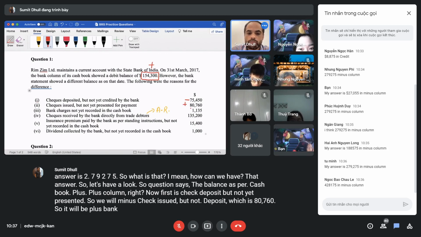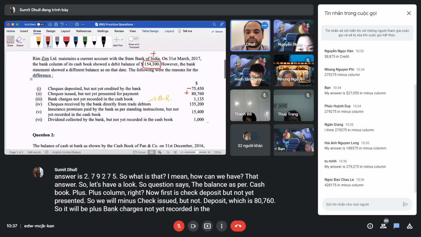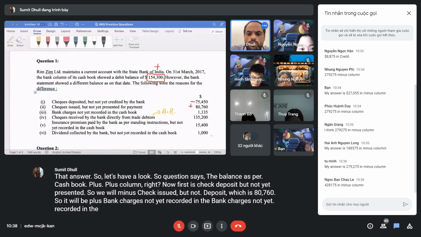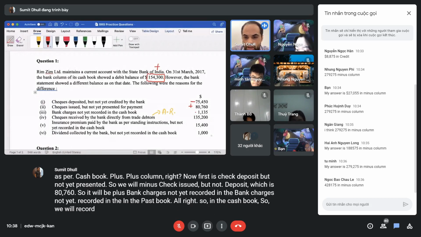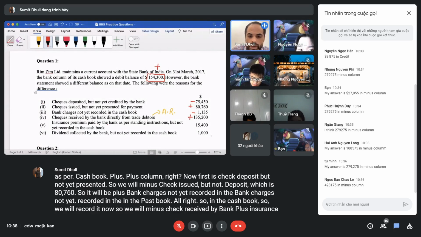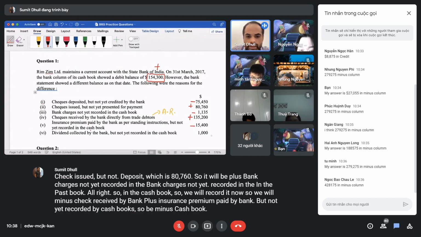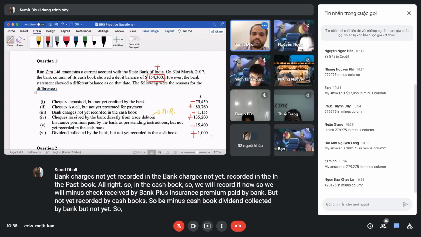Bank charges not yet recorded in the cash book, so we will record it now, so we minus. Checks received by the bank, plus insurance premium paid by bank but not yet recorded by cash book, so we minus in the cash book. Dividend collected by bank but not yet recorded, so plus.